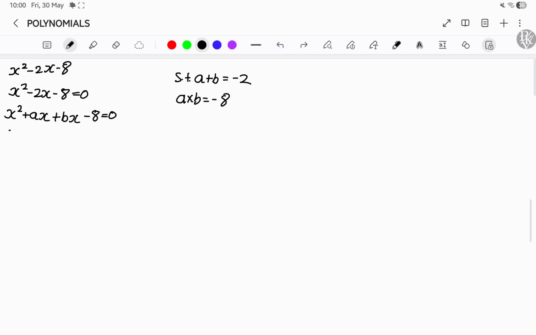Now, for an example, this could be x square minus 4x plus 2x minus 8. This will be equal to 0. Okay.